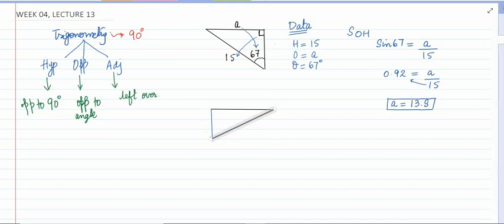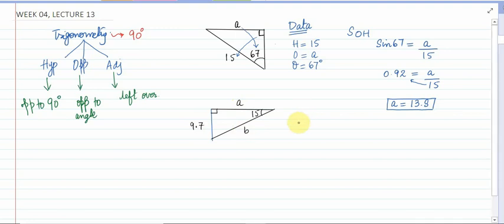Then I will give you homework questions from the book. Now that is my right angle triangle. If I label the sides, angle 90, this one is 15, side known is 9.7, and this side is B and this side is A. Now there are 2 unknowns.